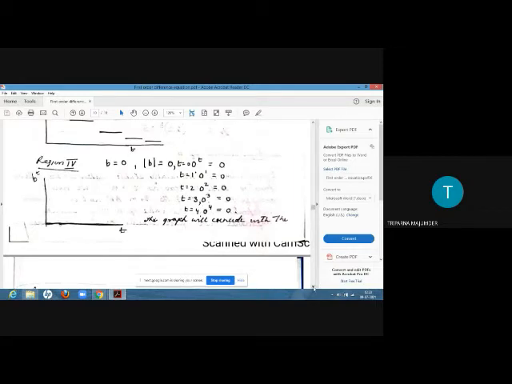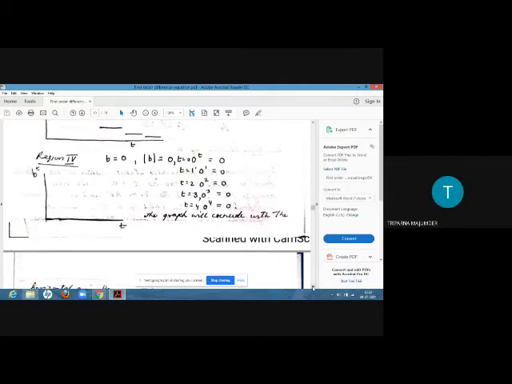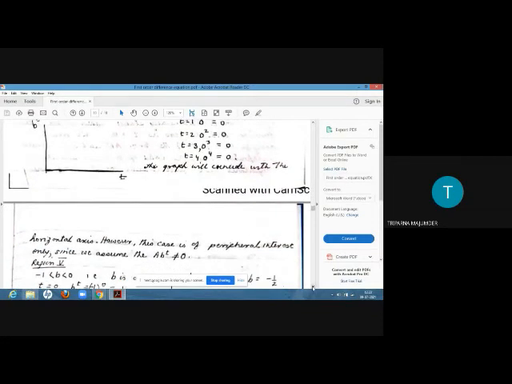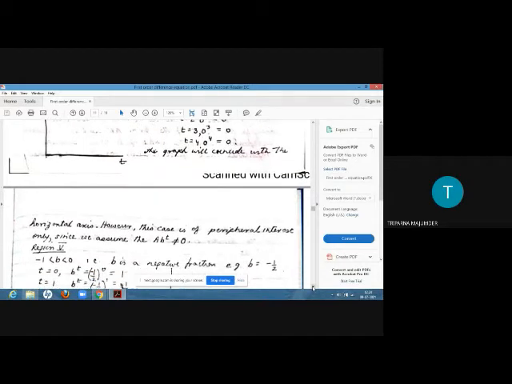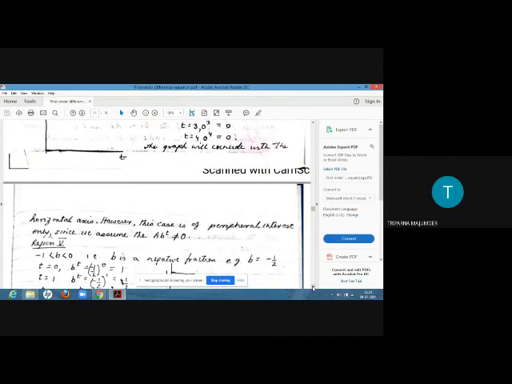The graph will coincide with the t-axis. Now, this case is of peripheral interest only, since we assume that a b to the power t is not equal to 0. So, b is equal to 0 does not arise in this case.